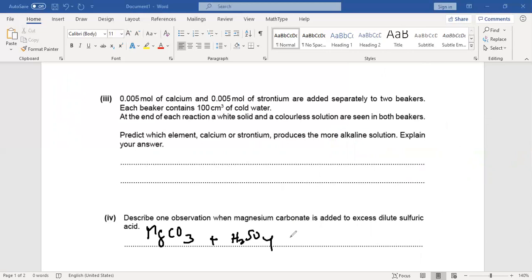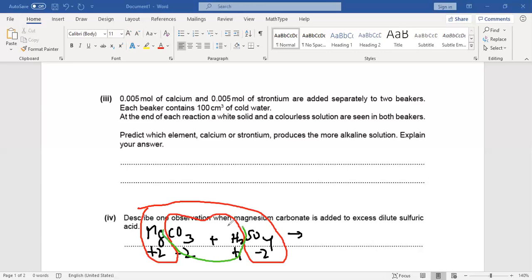So it's plus 2, minus 2; this one is plus 1 and the other one is minus 2. So what I need to do is put them together: H and CO3. Whenever you have carbonate, always remember that you have CO2 and water.